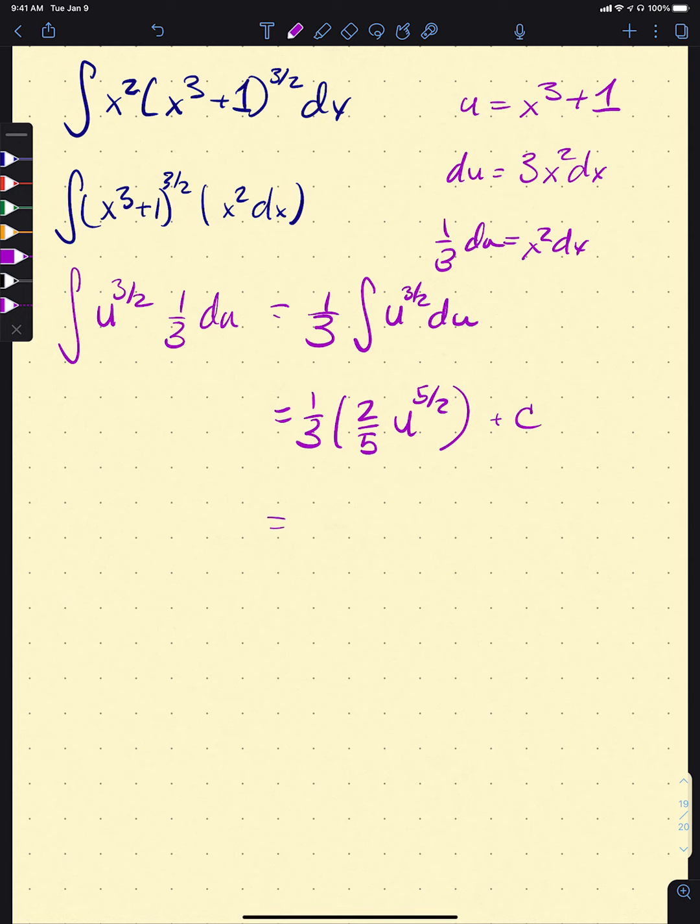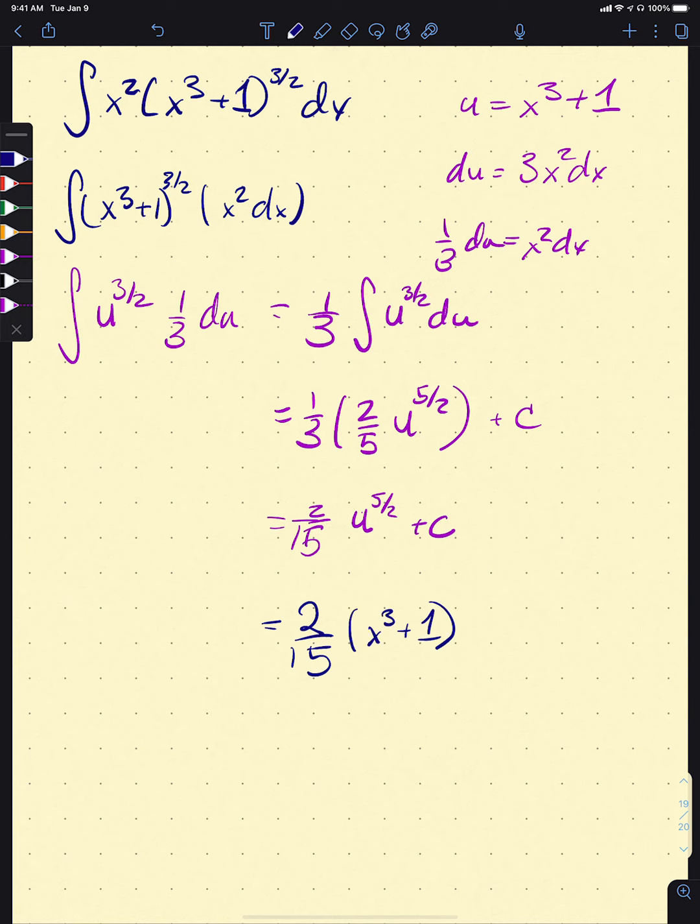But of course, that's going to simplify to be 2 over 15 times u to the 5/2 plus c. And now I can back substitute: 2 over 15 times my value of u, this x cubed plus 1, to the 5/2, plus c.